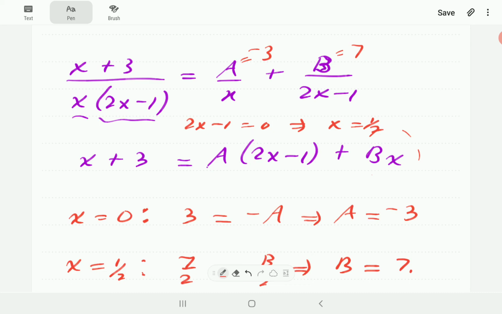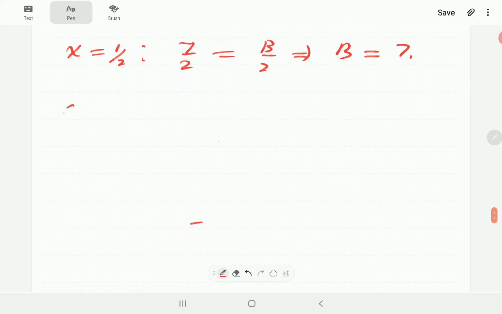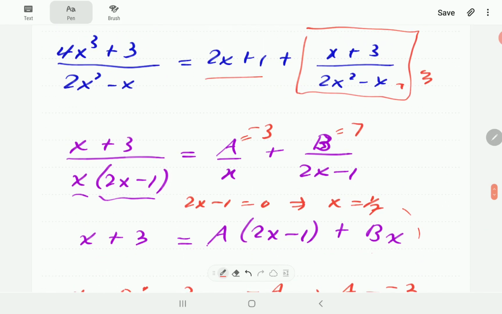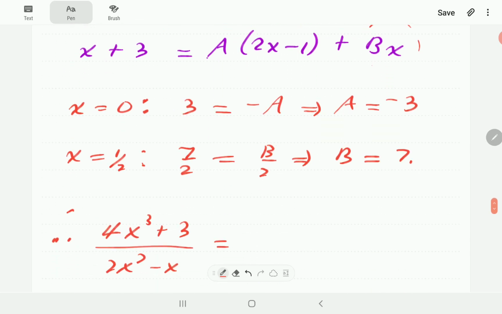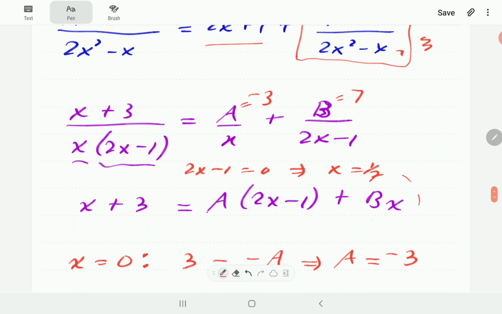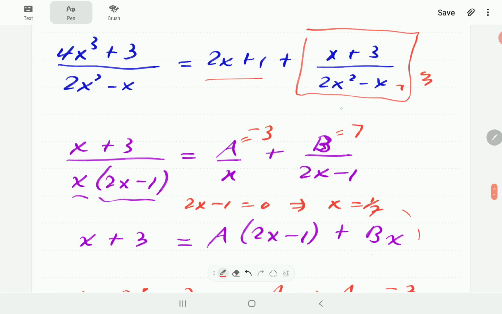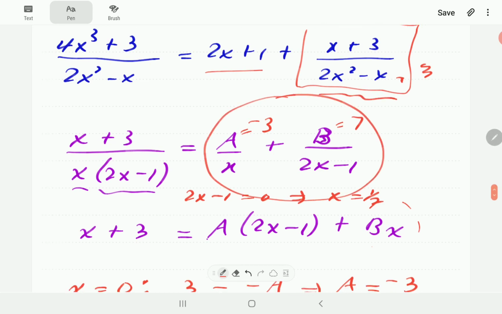So finally, (4x cubed plus 3) over (2x squared minus x) is going to be equal to, so remember, first we have got the 2x plus 1, and then plus the proper part, this one, is equal to this.